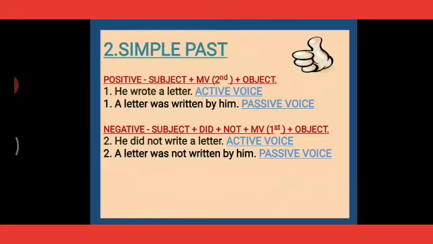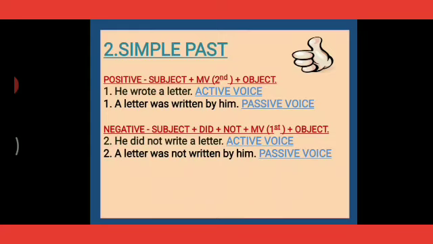Next sentence, this is a negative sentence. In place of second form, what do we use in negative sentences? We use did not plus first form. As you can see in the active voice sentence, the sentence is, he did not write a letter. Now we have to change it into passive voice. So how will we do it?